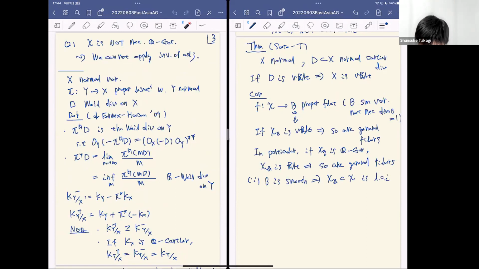The base scheme is not one-dimensional, so the special fiber is not necessarily a divisor, but still this is a locally complete intersection. So if the special fiber is variable KLT, then repeated use of the theorem implies the total space is variable KLT around the fiber.